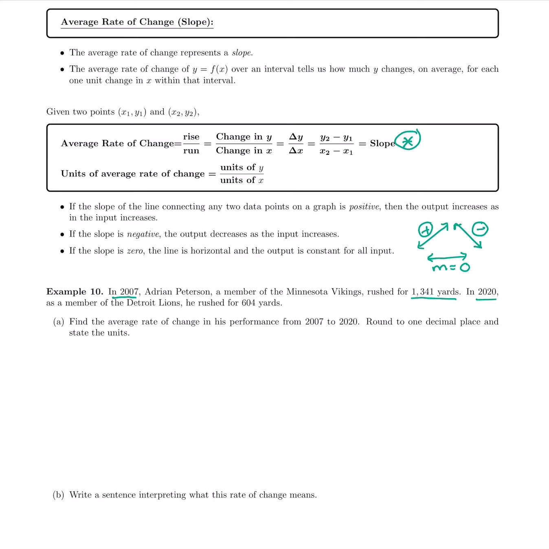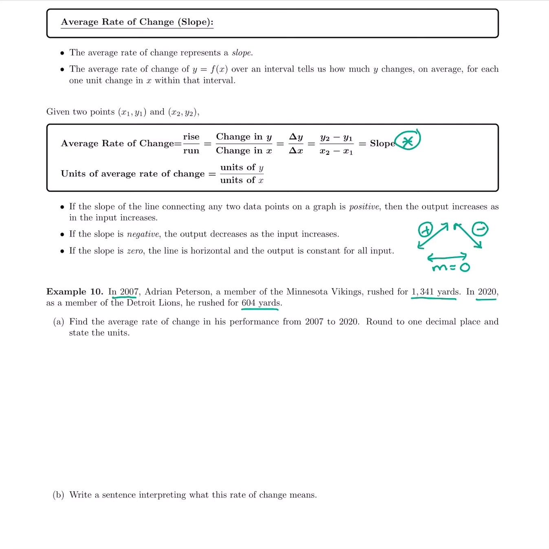So 2020, we have 604. If you tell me the year, I can tell you how many yards Adrian Peterson rushed for. And we're going to use that to find the average rate of change for his performance between 2007 and 2020. And we're going to round to 1 decimal place and state the units.